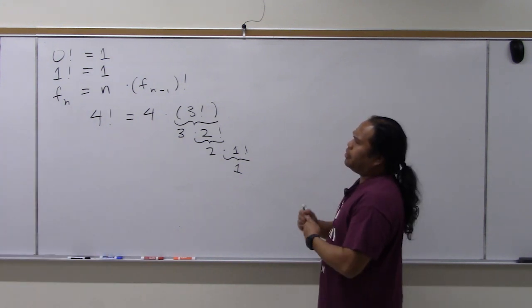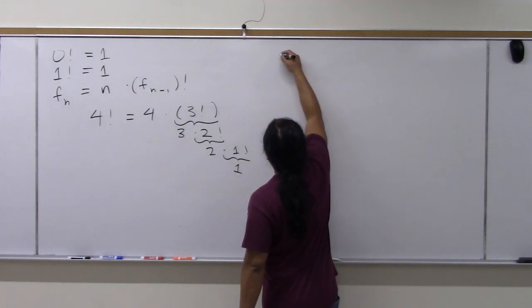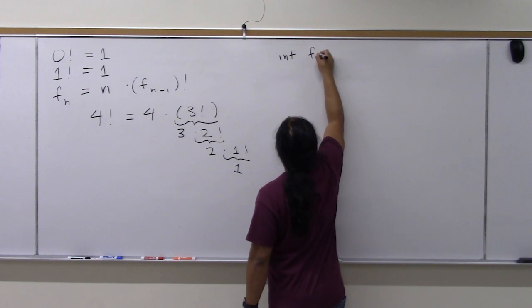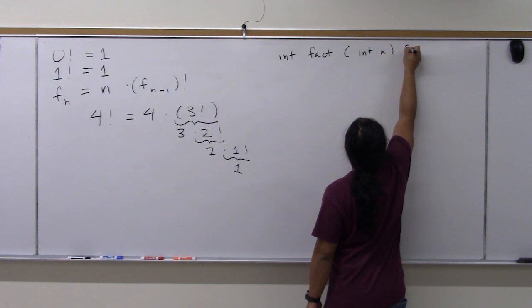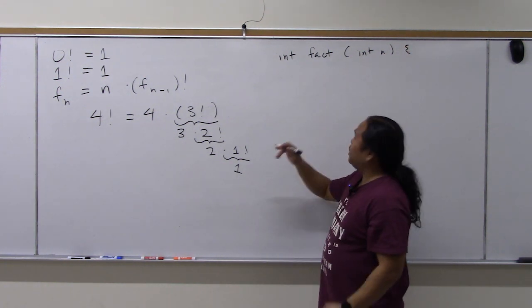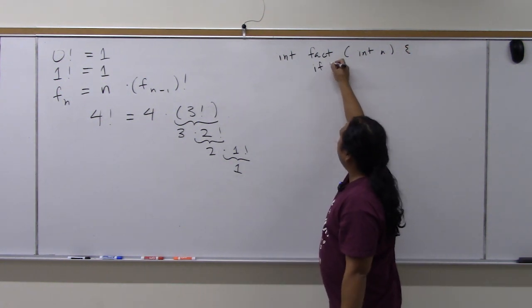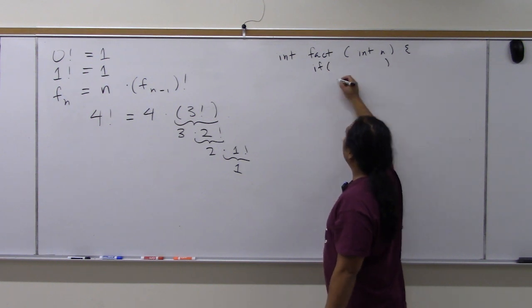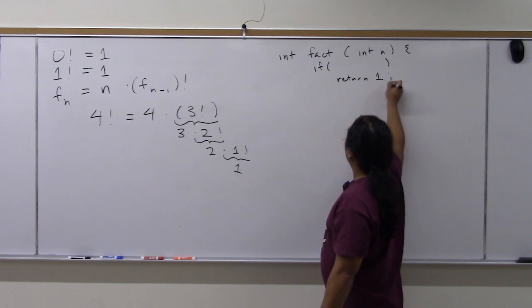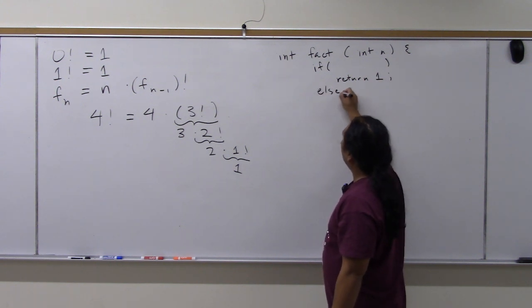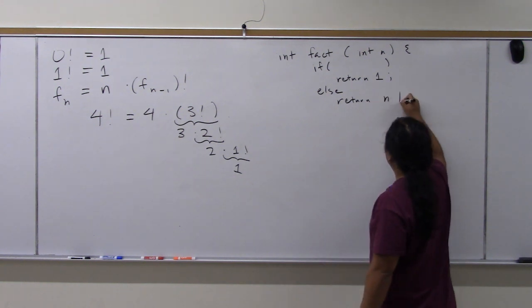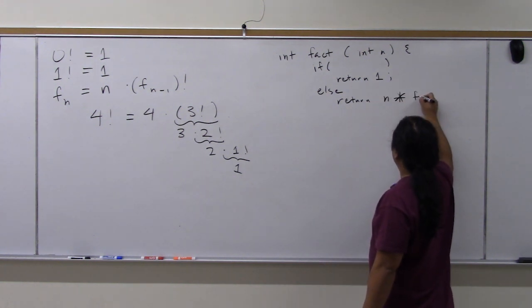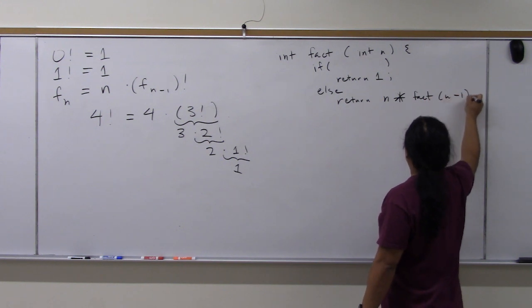Okay, so how do you code this thing up? One way to do it: int fact, integer n. For this to work, there has to be a base case. So if some condition, return 1, otherwise return n times fact of n minus 1.